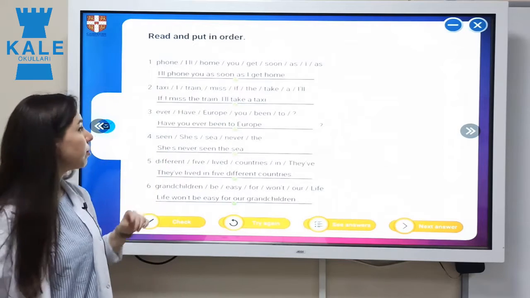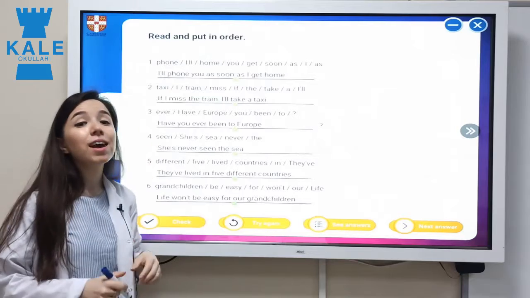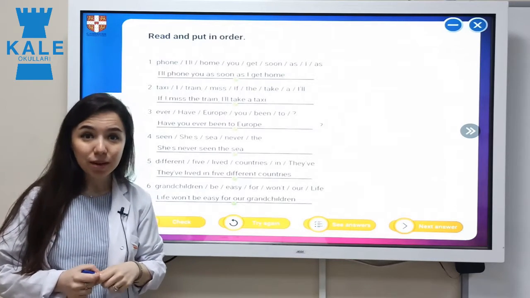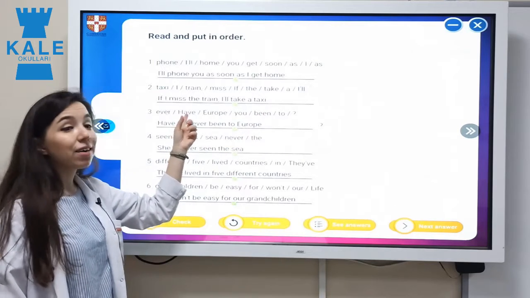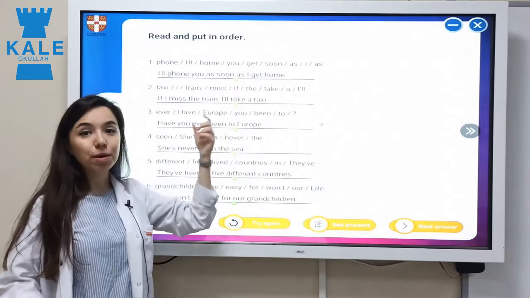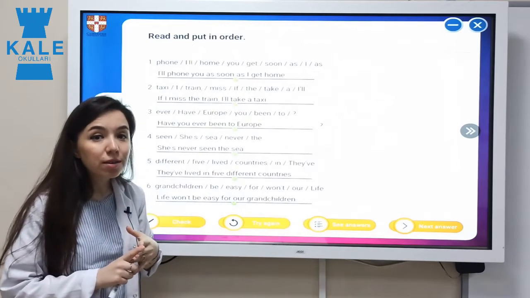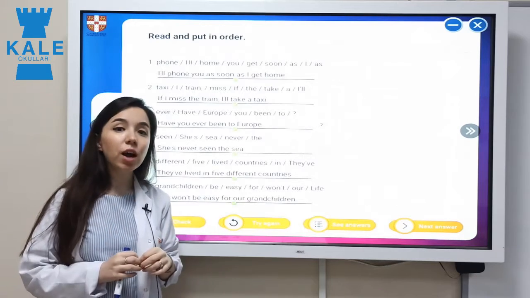It's something reasonable, yes? Ever, Europe, you, been, to, have. Look here, this is present perfect simple, yes? In present perfect simple, we have have in our sentences, and ever. Have plus past participle form of the verb, and sometimes we also use ever and never in our sentences.